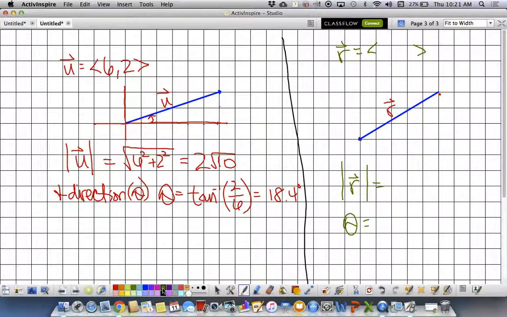So you found components. What are the components? 5 and 3. Did it go positive 5 and a positive 3? Yeah.